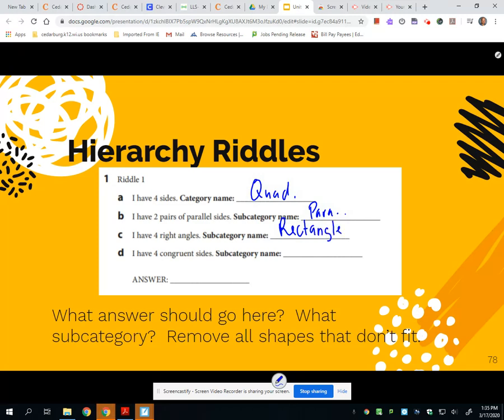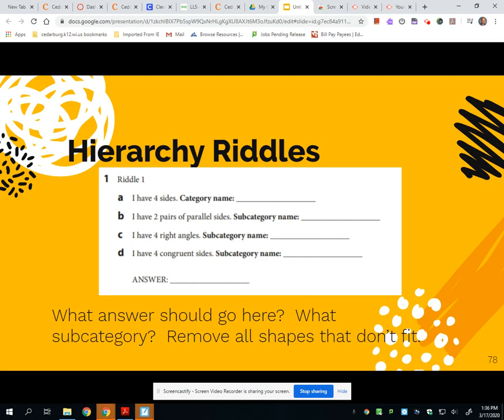And then for D, I have four congruent sides. So all the sides are equal. Pause the video. And you should have written square. So your answer is square, or if there's a letter, we'll go ahead and write the letter in for that one.